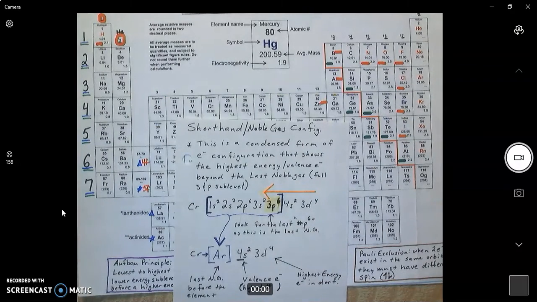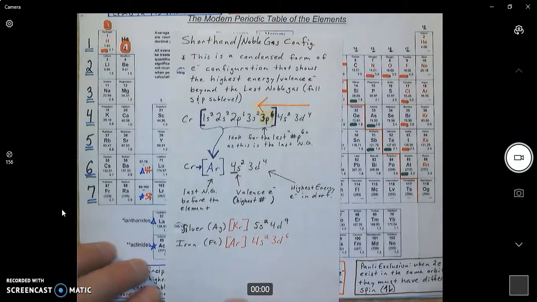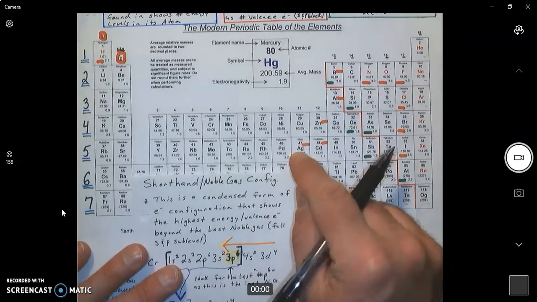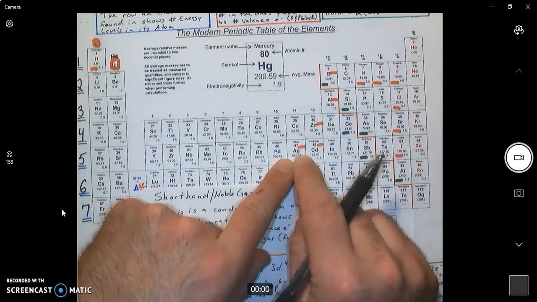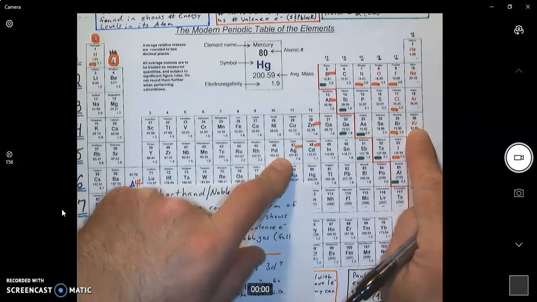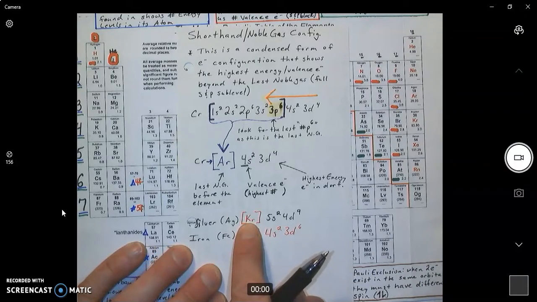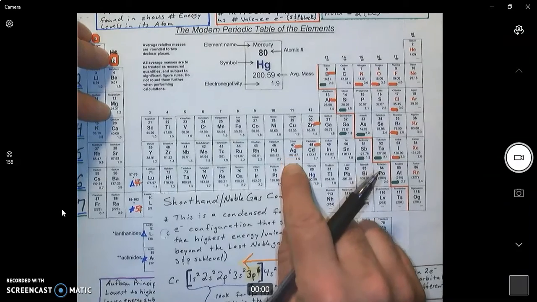If we look at silver, there's another example, but I want to show you a shorter way to do this. If we look at silver, what you want to do is go back to the end of the previous row, which is krypton. We're going to put Kr in brackets, and then start on the row that silver is in.